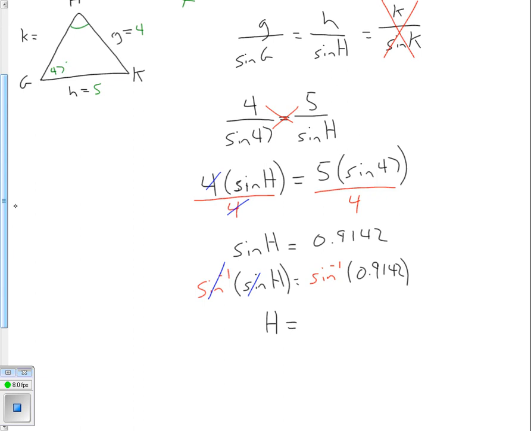And now I want to figure out what the inverse sine of 0.9142 is. And that's going to equal approximately 66 degrees. Same process, same formula, in order to solve for an unknown angle. So in this case, our H angle is 66 degrees.